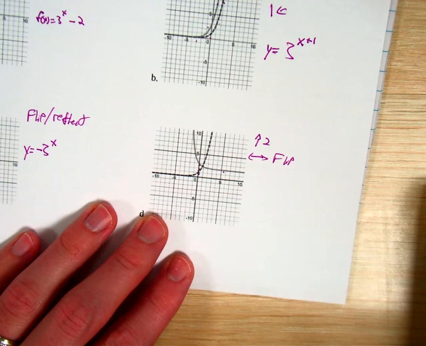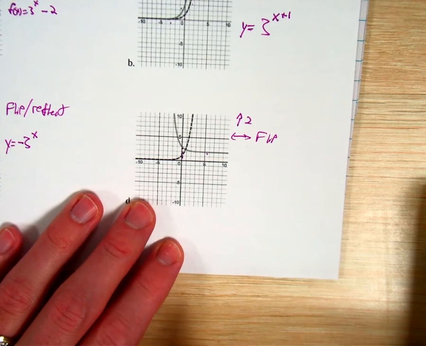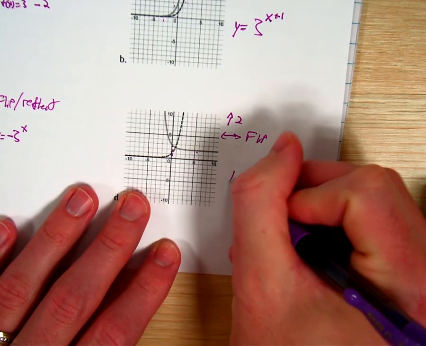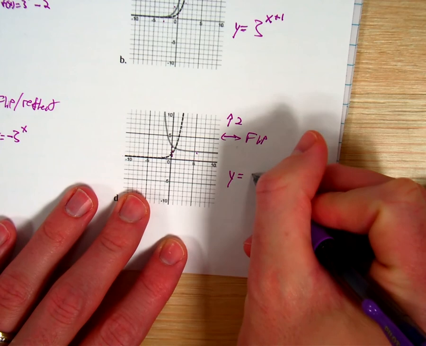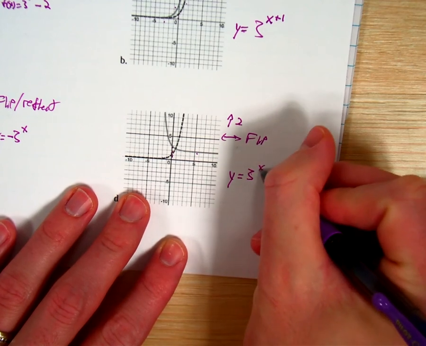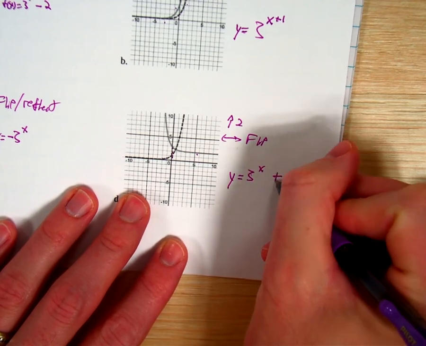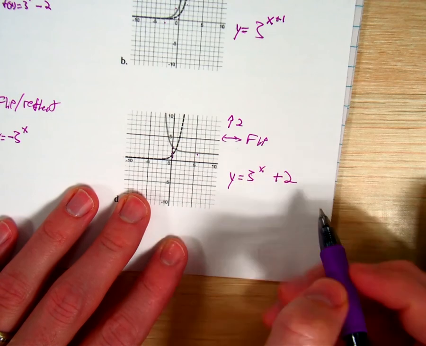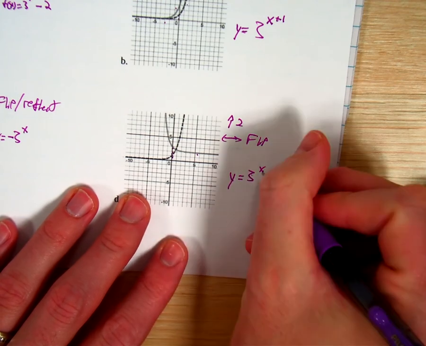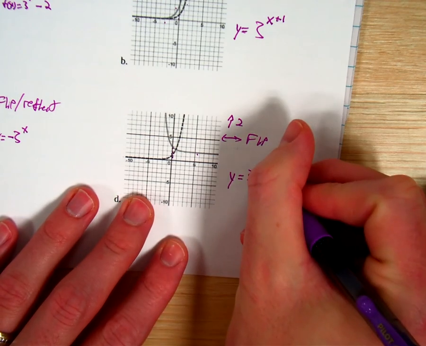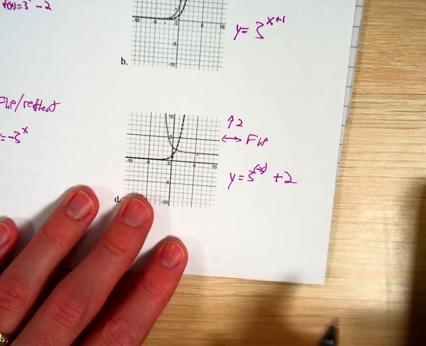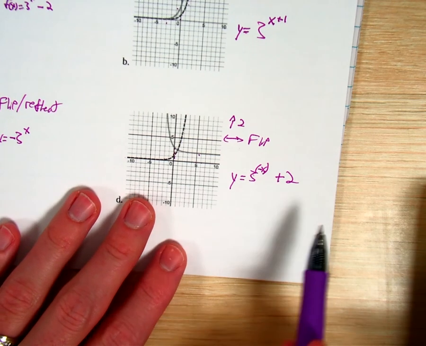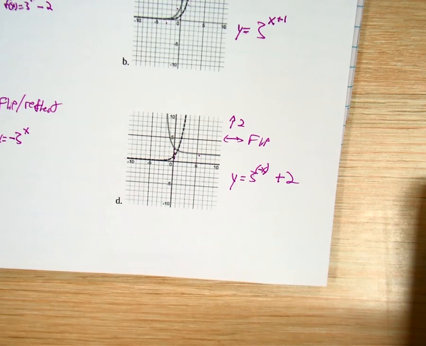Do you remember how to do that? Okay. So we got our y equals 3 to the x, and then we have a plus 2. How do we flip it horizontally? Now the negative is just on the x up here. Just applied to the x, and that's going to flip it horizontally.